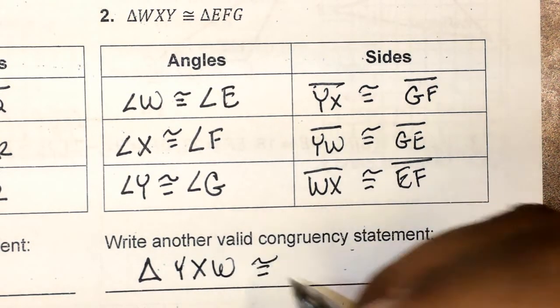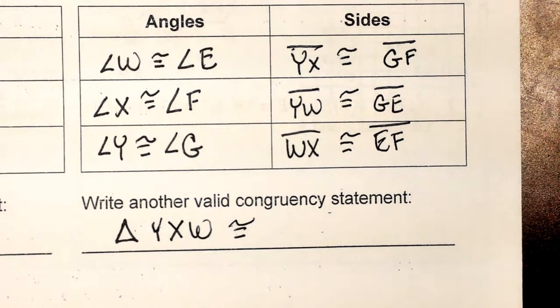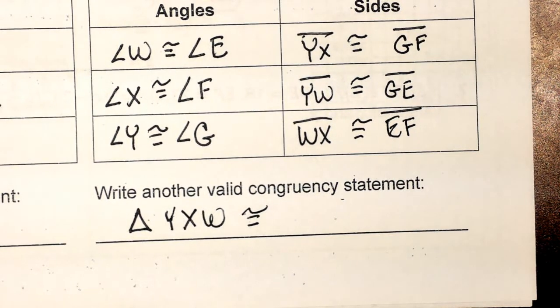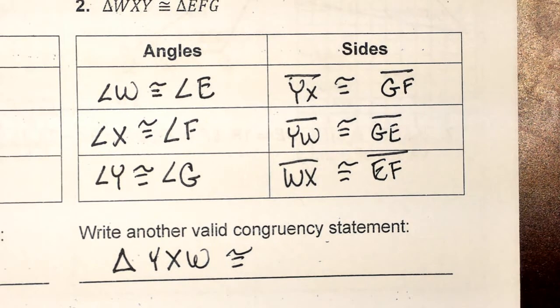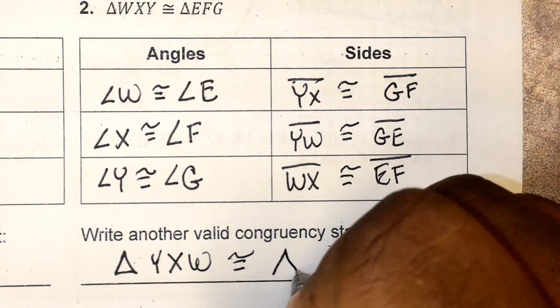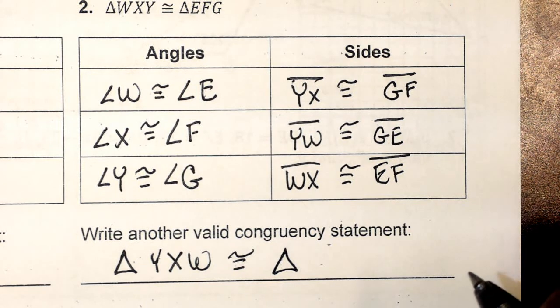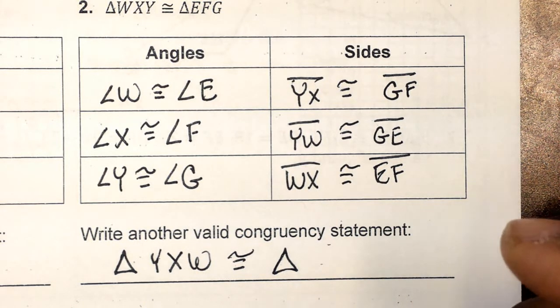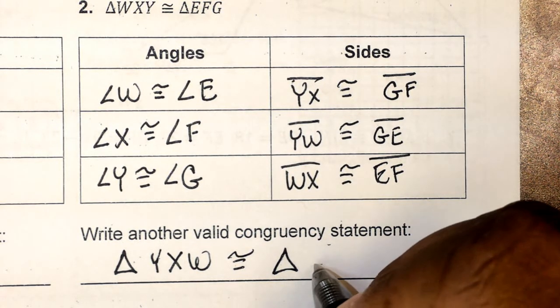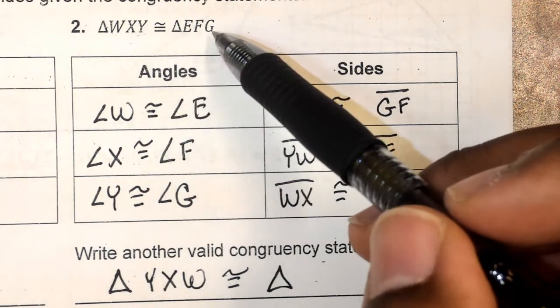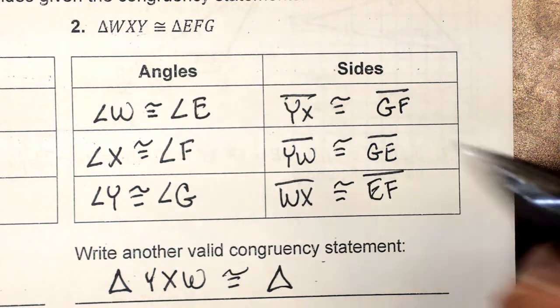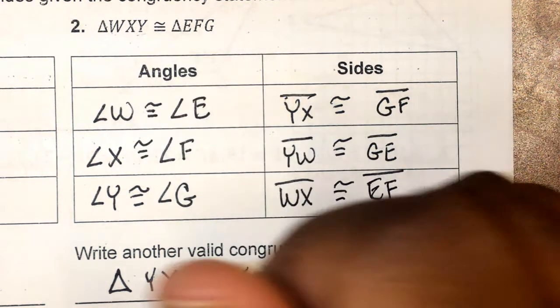It's congruent to what? You said YXW first, right? And then what you want to call the second triangle? GEF? That would be wrong. And I'm glad y'all saw that. He called the first one YXW, and then he tried to call the second one GEF. That would be wrong. If you're going to say YXW, say GFE.